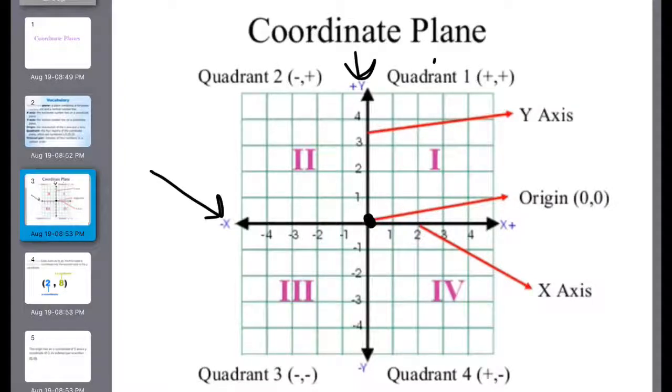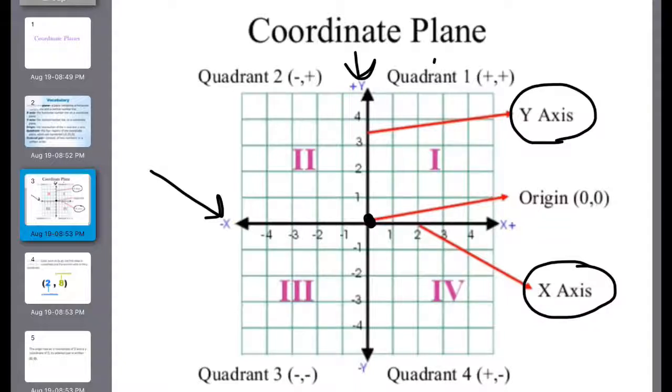The horizontal number line is called the x-axis. The vertical number line is called the y-axis. You need to remember which one is x and which one is y. There are different ways to help you remember this.